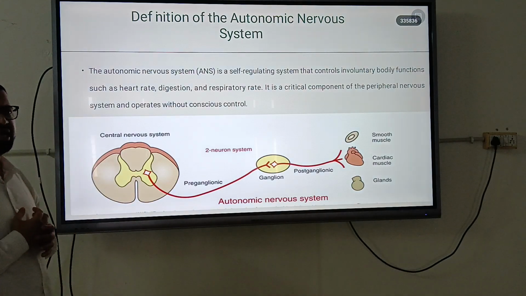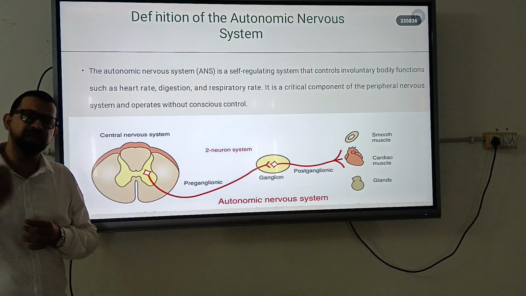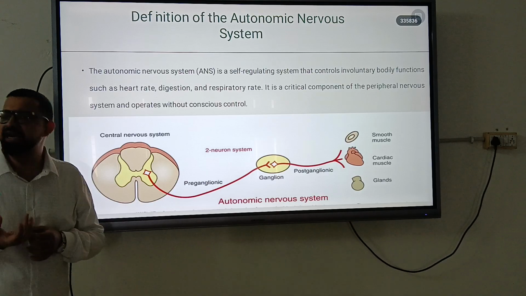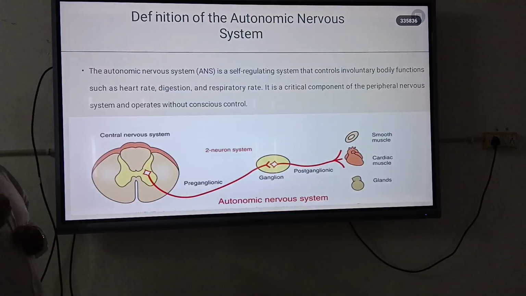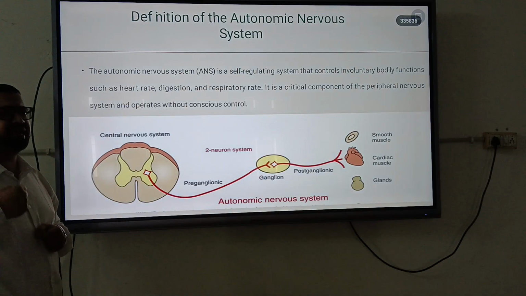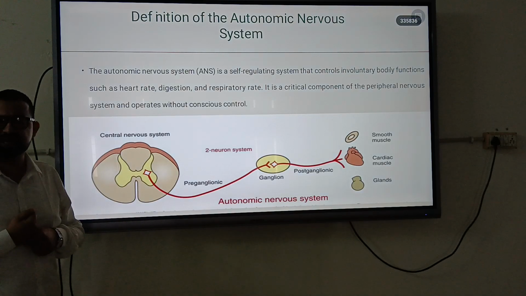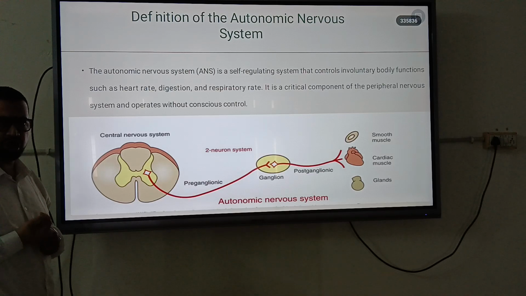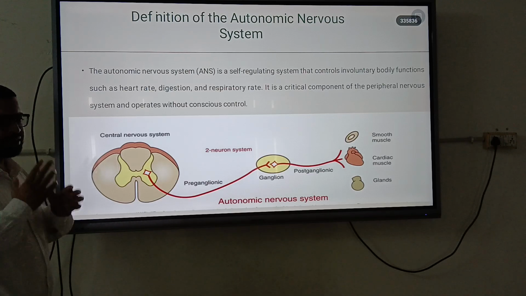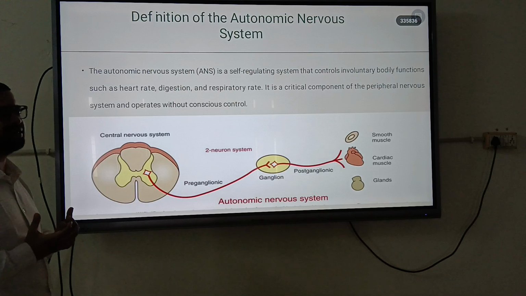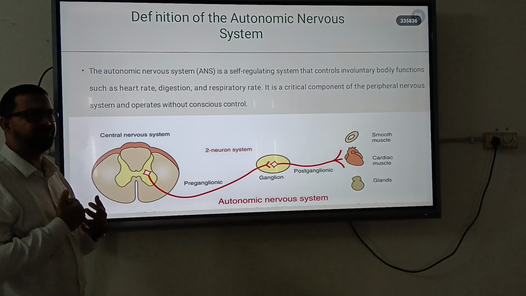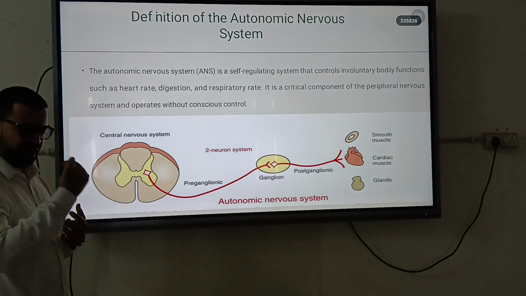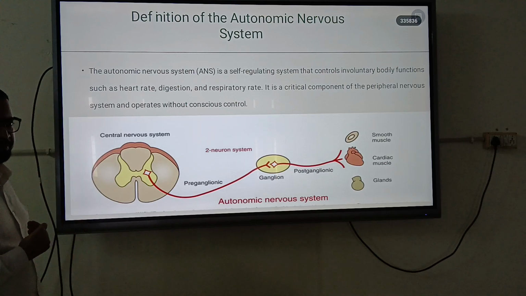Let us suppose a furious animal chases you: your heart rate will increase, and you will have increased perspiration. This is not under your control. It happens due to the fight-or-flight mechanism, which is mainly due to the release of adrenaline.